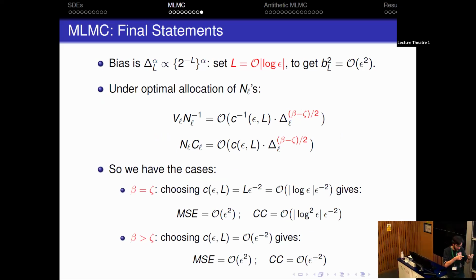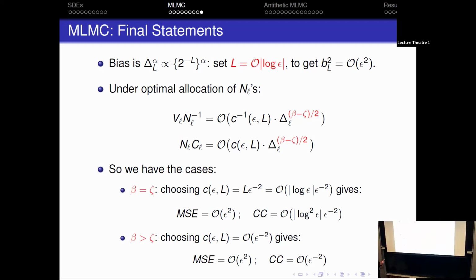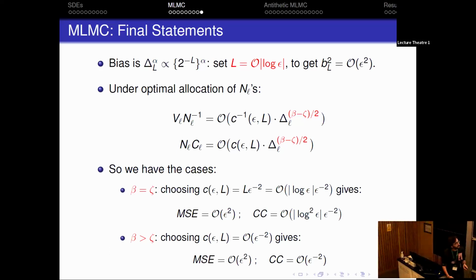So you have one level, you have one delta, you have the next delta, and you look at the differences. It should be quite close to each other. This is the important case. If you manage to couple these differences in a way that this beta, which characterizes this variance, is bigger than 1, then you're doing quite well.